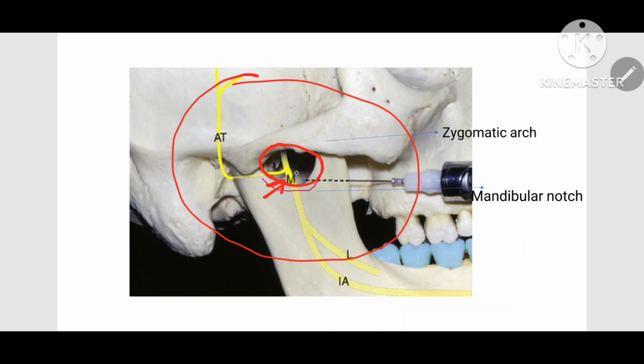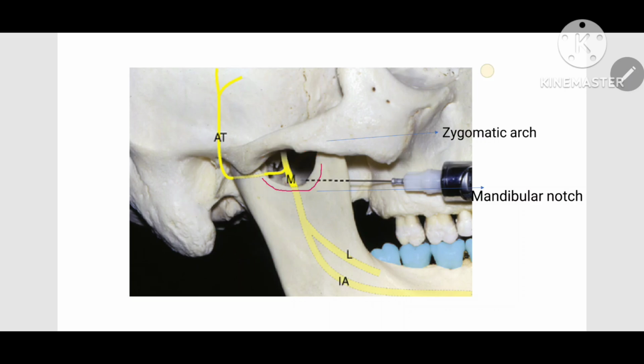After anesthetizing this area, our needle insertion must be at a right angle to the skin surface. Many times, almost all the time, if we go at a right angle while inserting the needle, our needle will hit this lateral pterygoid plate, which is situated here.